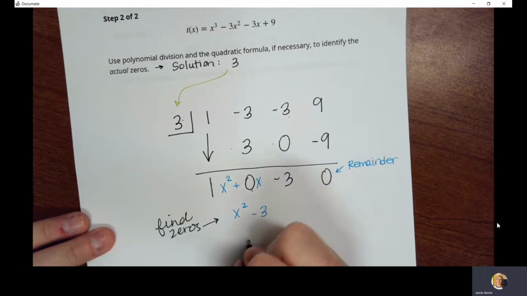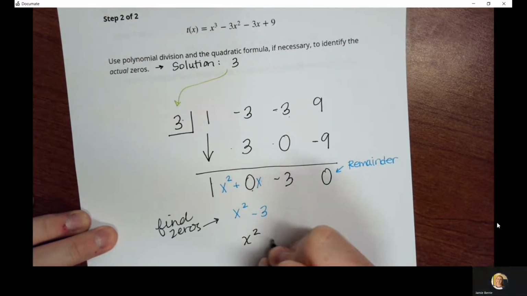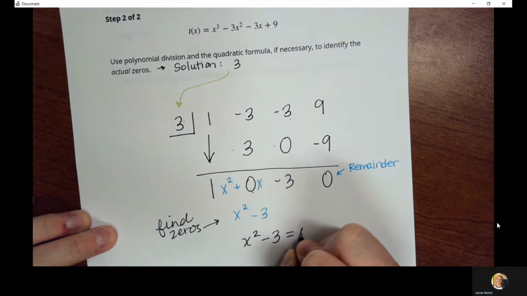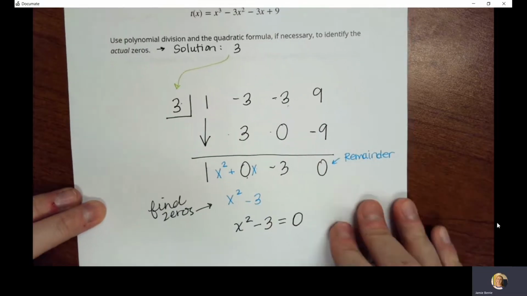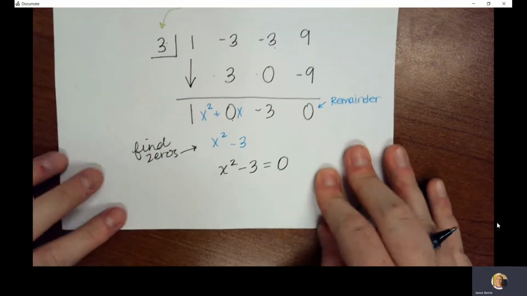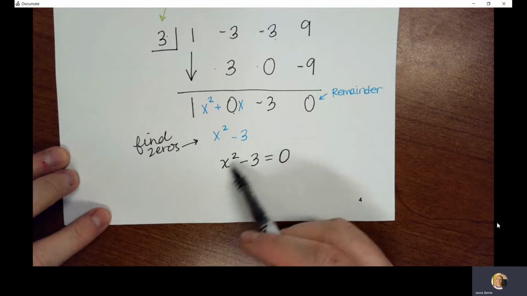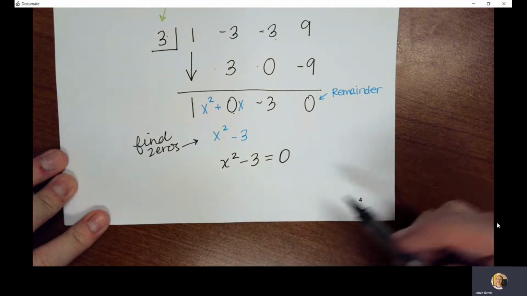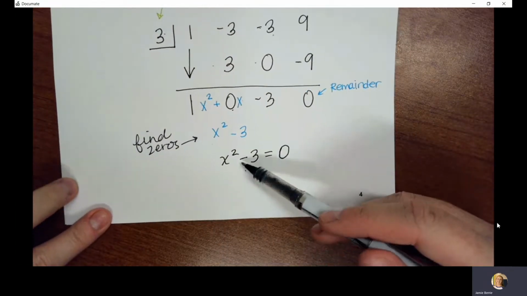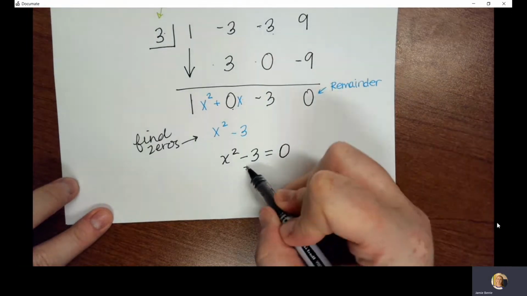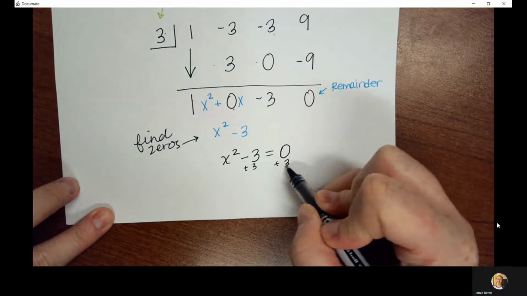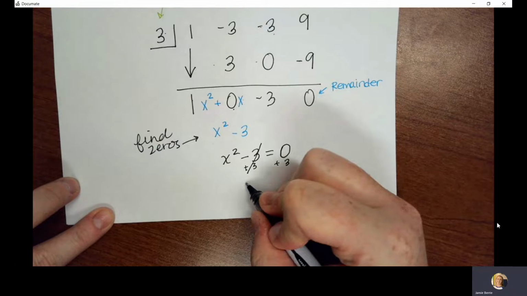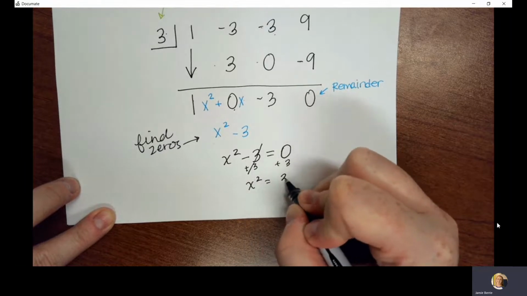This is a quadratic polynomial. We have lots of methods for solving quadratic equations, I should say. I'm going to use the square root method here, so I'm just going to move that 3 over. So x squared equals 3.